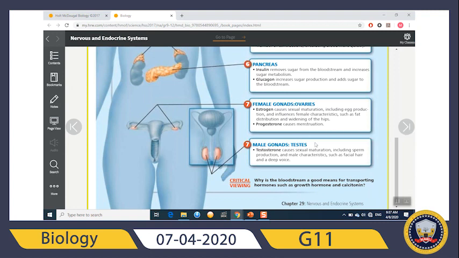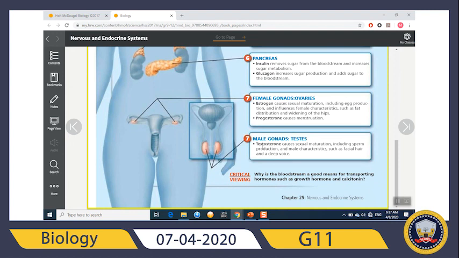Male gonads, the testes, are responsible for production of testosterone, which causes sexual maturation in males, including sperm production and male characteristics such as facial hair and the deep voice.